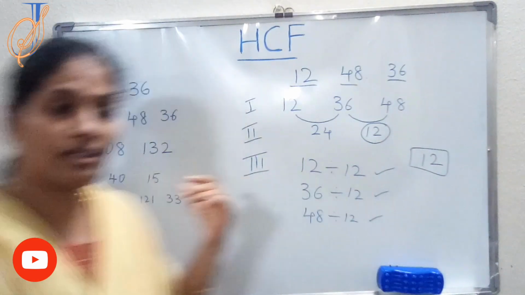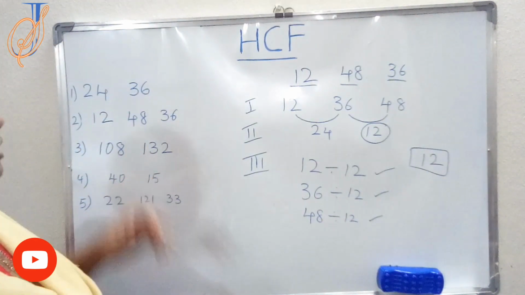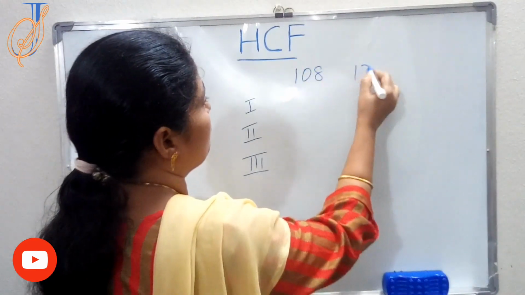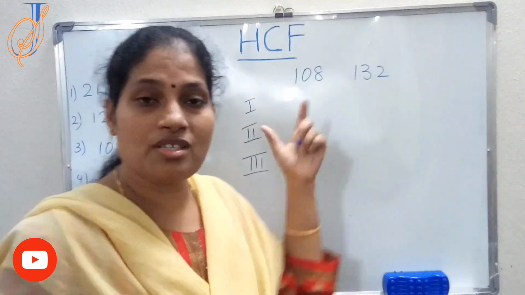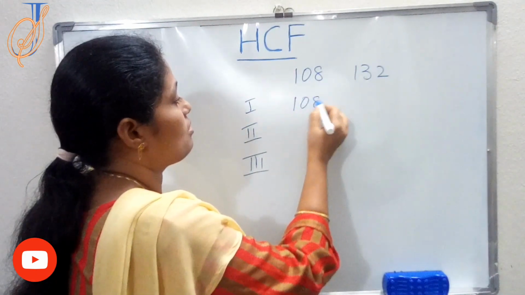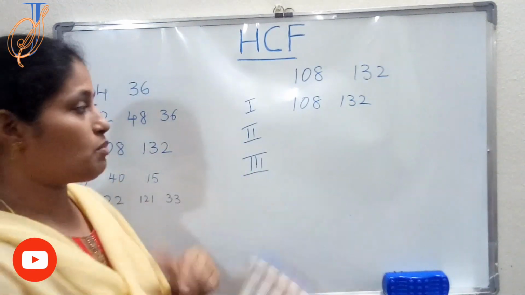I will go with another example, which is 108 and 132. So our first step is write the numbers in ascending order. Our step 2 is find the difference between numbers.